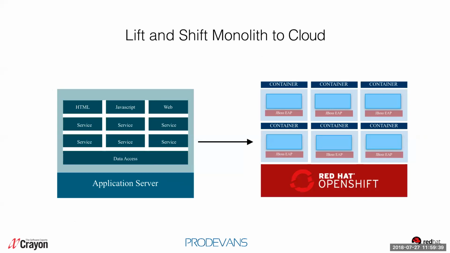The left side is your traditional application server. Take WebSphere and host your Java application, or take Oracle Fusion Middleware or WebLogic and host your application, where all of these are bundled into one app server, a very big, monolithic, heavy compute guzzling the compute in the cloud or on-prem.